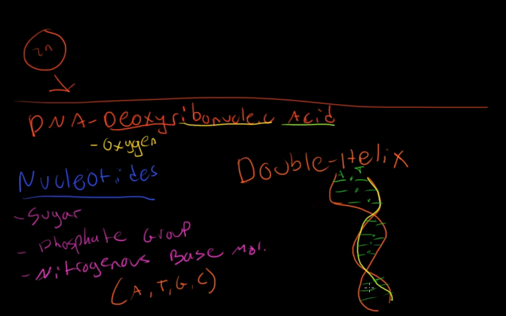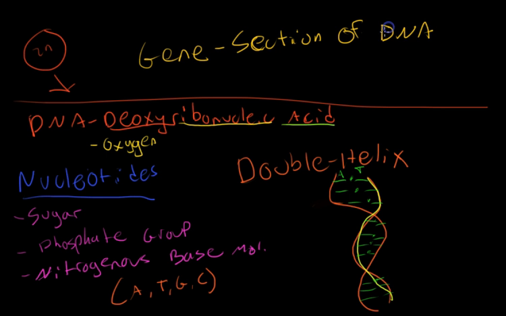So now that we know about DNA, we're going to talk about something called a gene. Because this subsection is talking about hereditary information, the key term here is gene. Essentially, I like to think of a gene just as a section of DNA, or a selection of nucleotides.